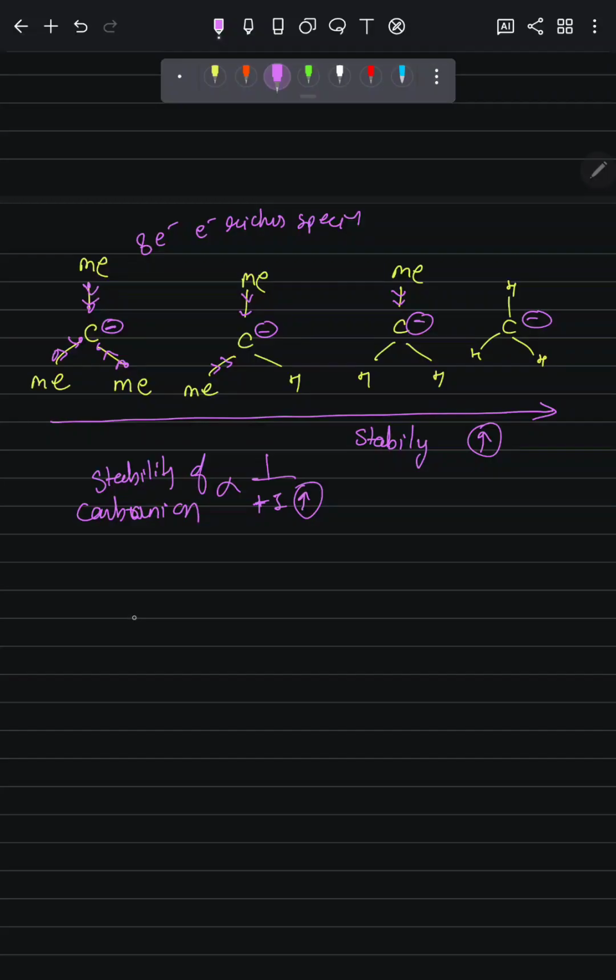And in the case of carbon free radical, with a methyl group, a methyl group, and a methyl group, here 7 electrons are present. So it is also an electron deficient species.